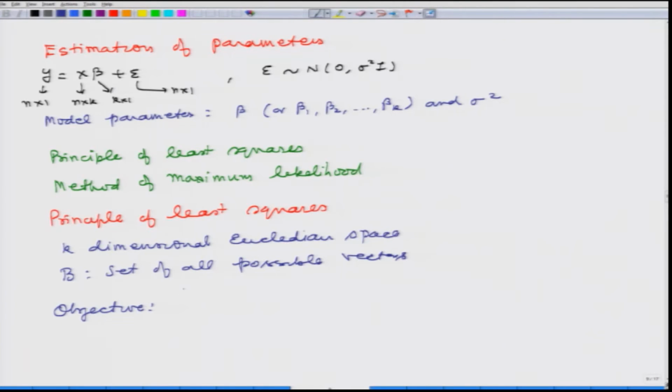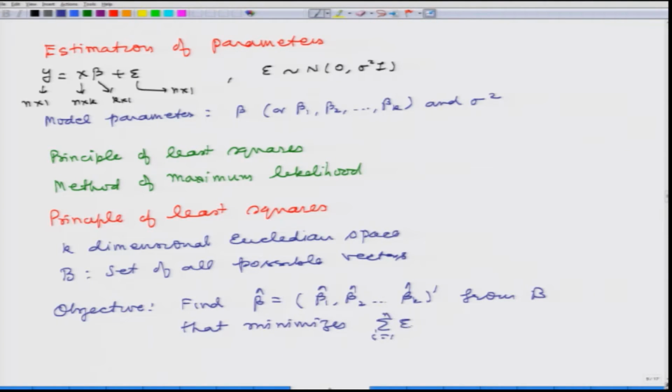My objective is to find, say, beta hat, which is actually beta 1 hat, beta 2 hat, up to beta k hat vector, from B that minimizes summation i goes from 1 to n epsilon i square, right.